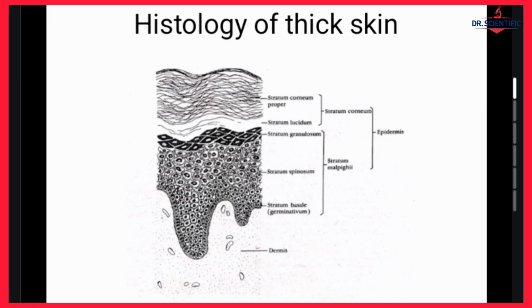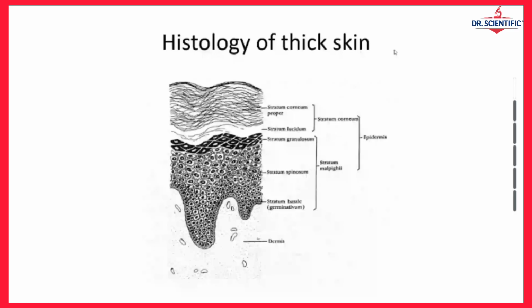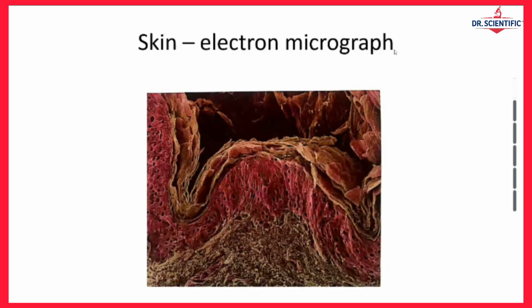Finally you have the stratum corneum, and some books call it the cornified layer. This keratin is the material that also makes things like the nails, and even the horns in animals are made of keratin. That is thick skin, which will have 5 layers, while thin skin has up to just 4 layers.